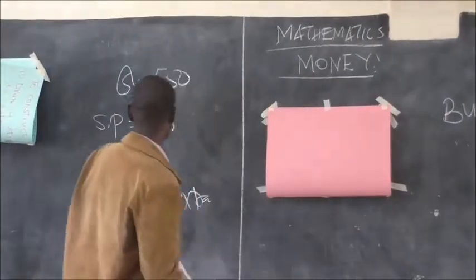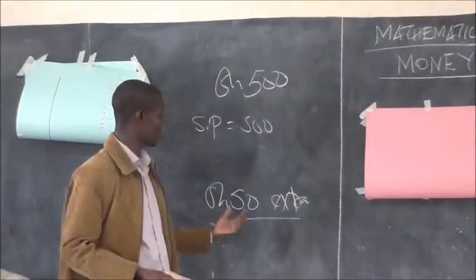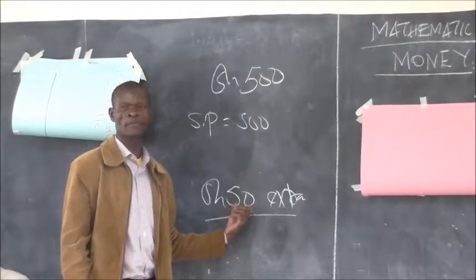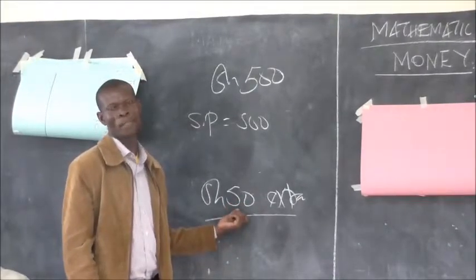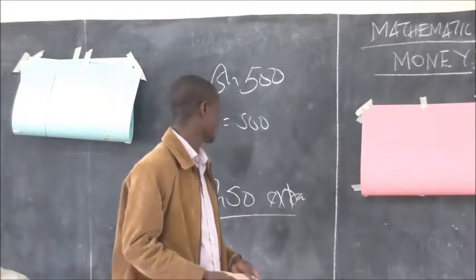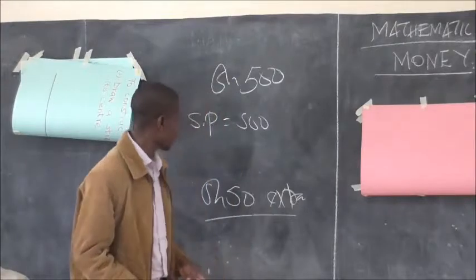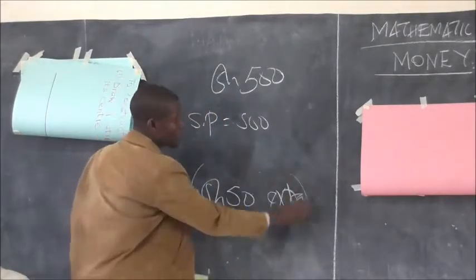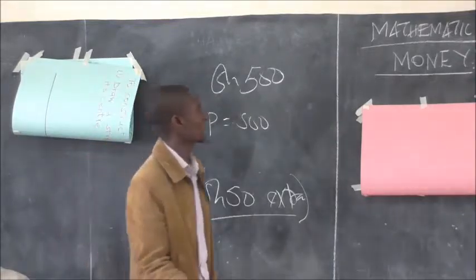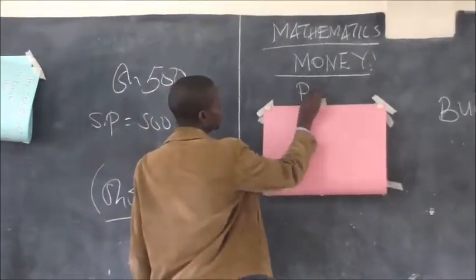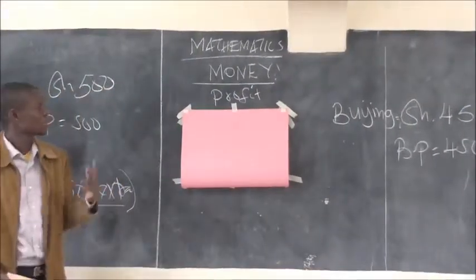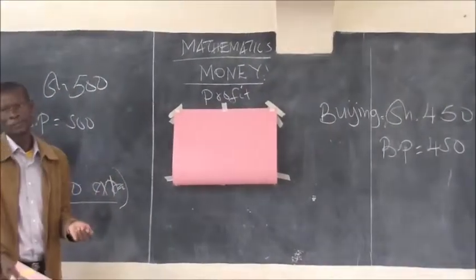Now, what is this 50 shillings in maths? Or in mathematical terms, what do we refer to these 50 shillings as? Good. As I said, the 50 shillings that he received extra, in this case, is referred to as the profit. And that brings in the subtopic we are supposed to discuss today.